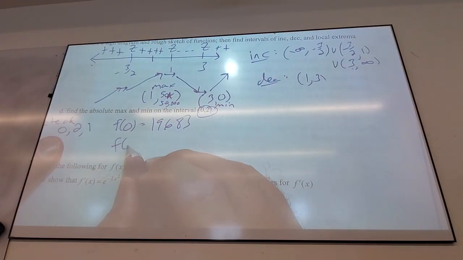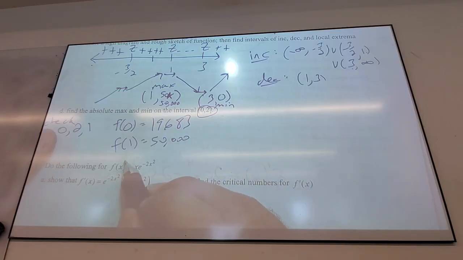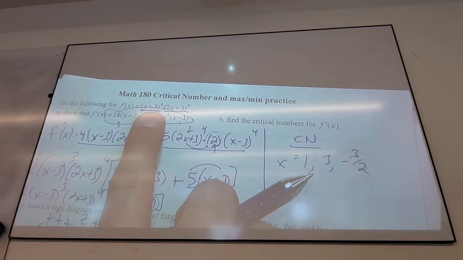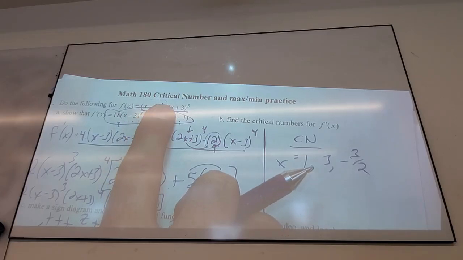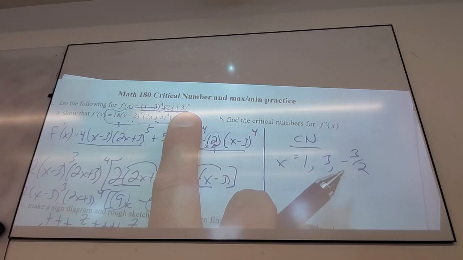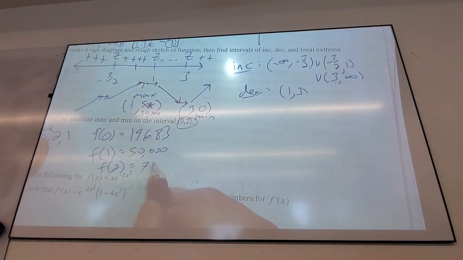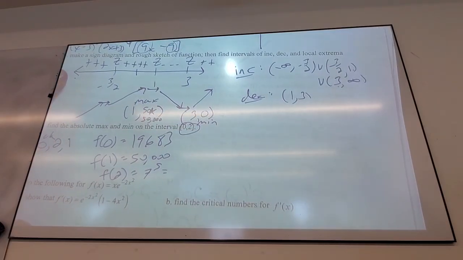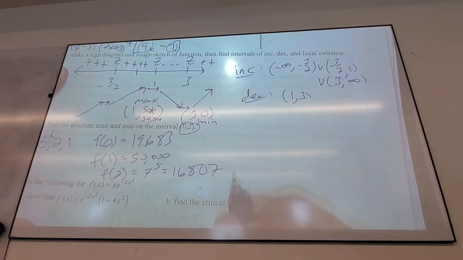What is f of 1? We already know that. That's 50,000. And what is f of 2? 2 minus 3 is negative 1 to the 4th, which is 1. 2 times 2 is 4 plus 3 is 7 to the 5th, which is 16,807. So who won the challenge for the highest?